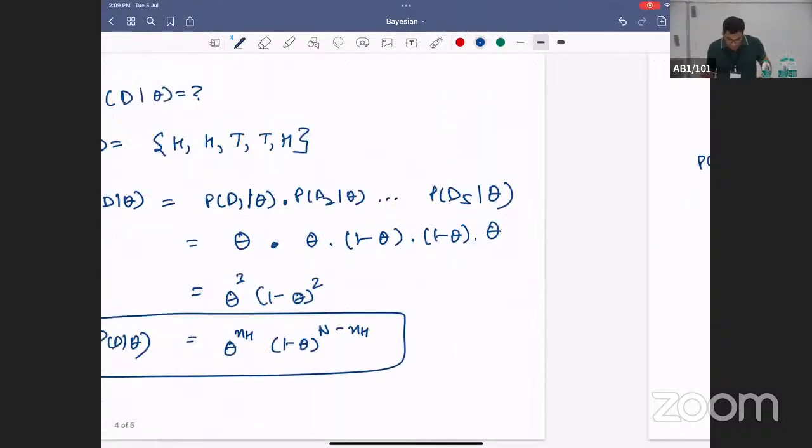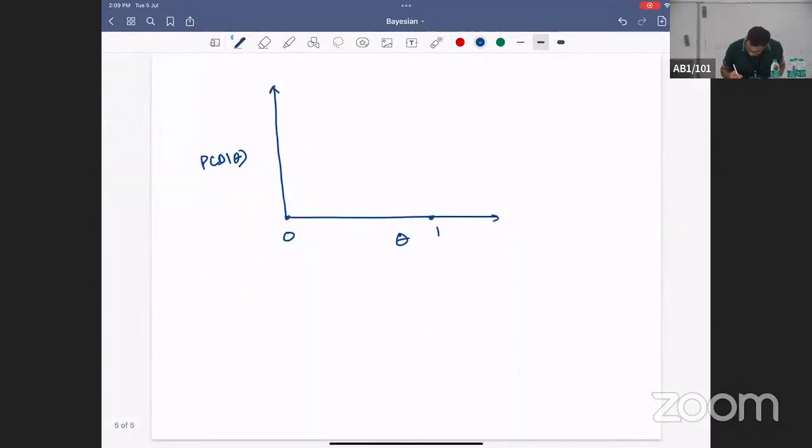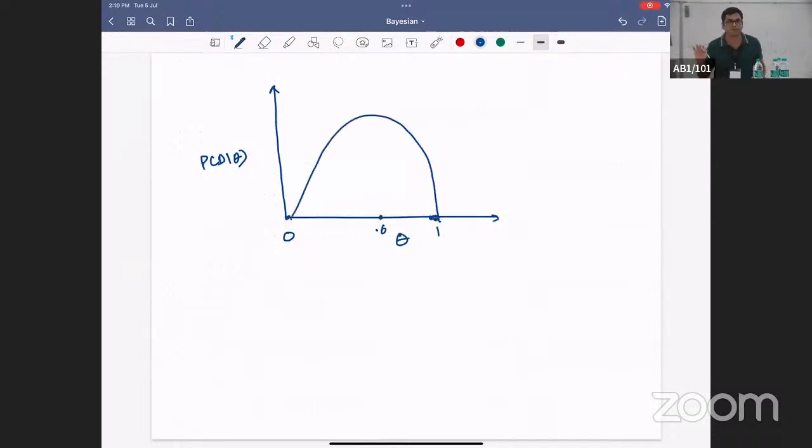Now we've observed 3 heads, 2 tails, right? So this function will look something like this. Right, something like this. It becomes maximum at 0.6, right? Now, this point is where the likelihood is maximized.